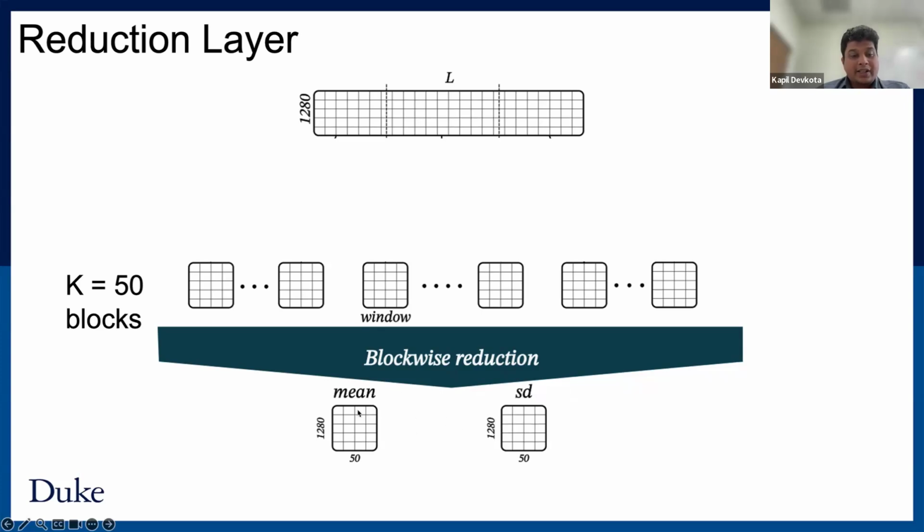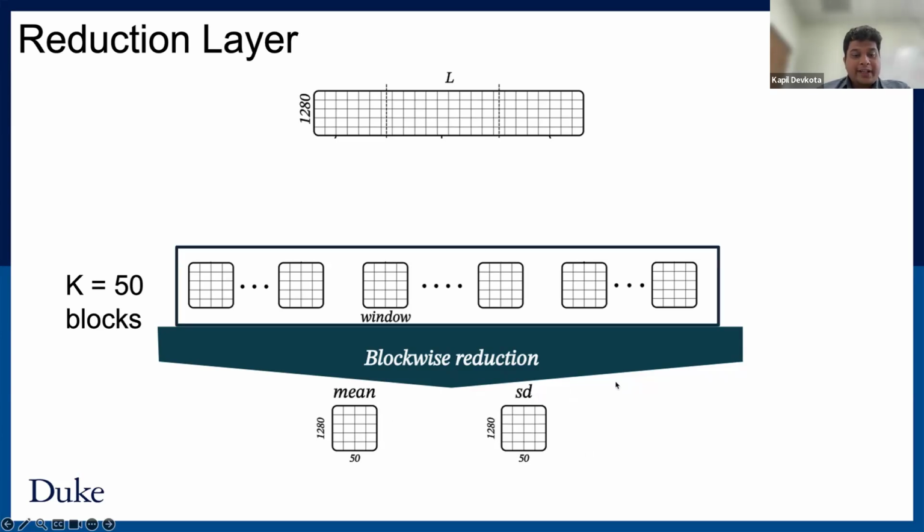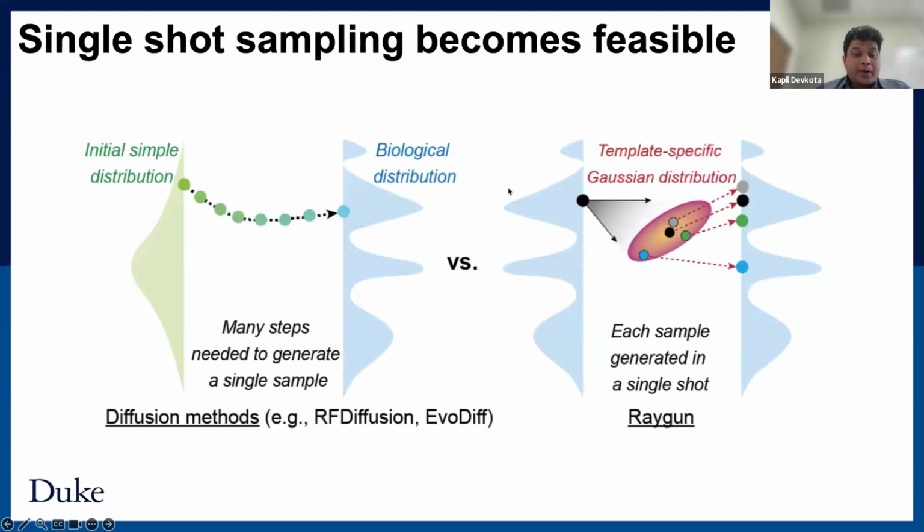So just by finding the mean and standard deviation values, we can effectively sample the output of the reduction layers. This is a very interesting and useful property because it makes single shot sampling feasible.